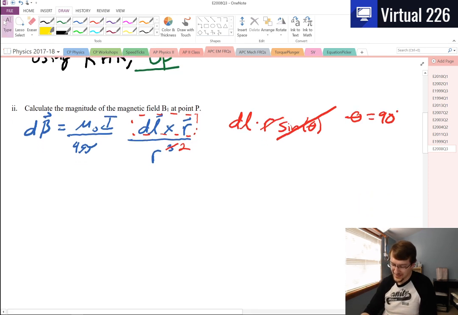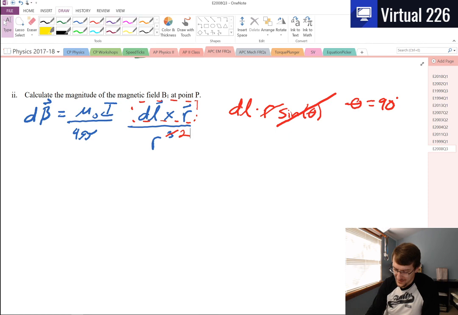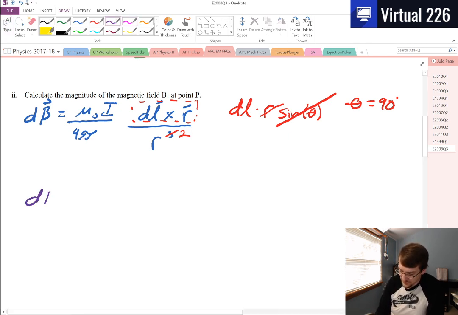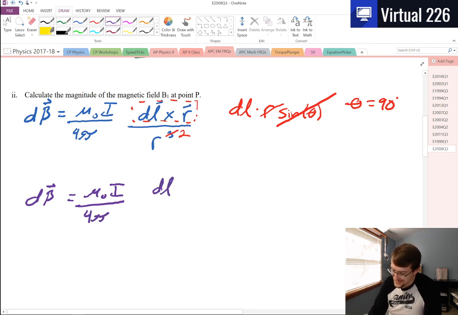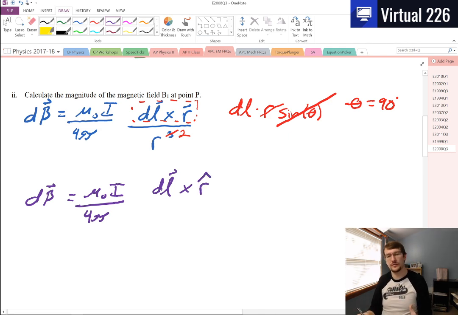r squared. Because of this, more often, the way I tend to see it, is you'll see Biot-Savart's law written as dB equaling mu naught I over 4 pi, but then you'll see it written as dl cross r hat, which is a unit vector.